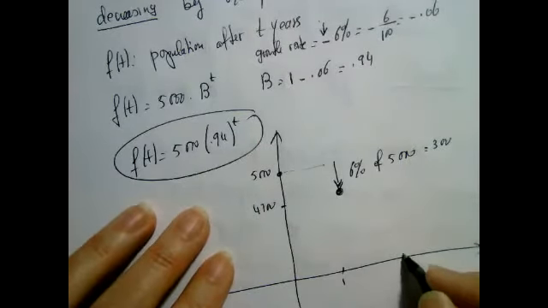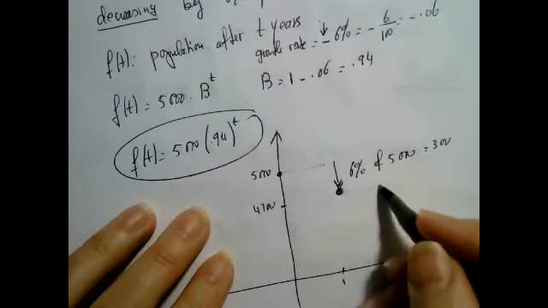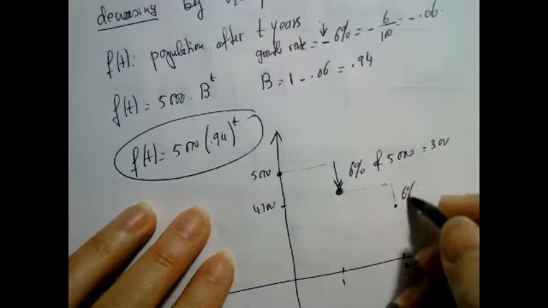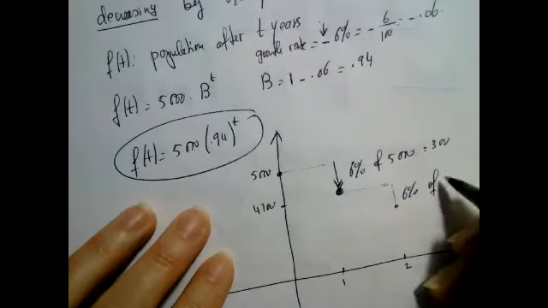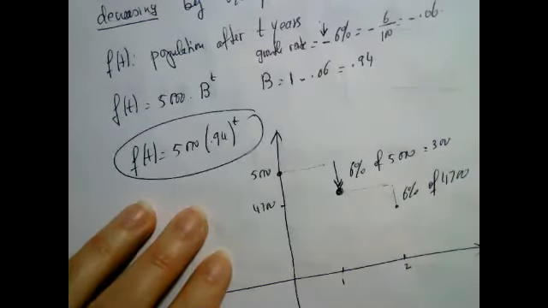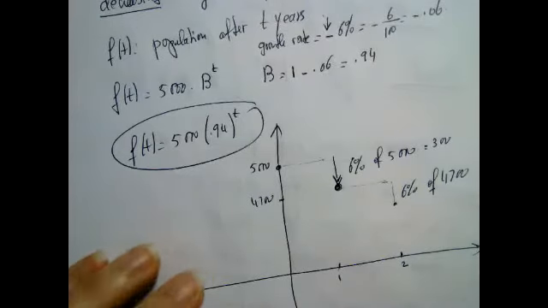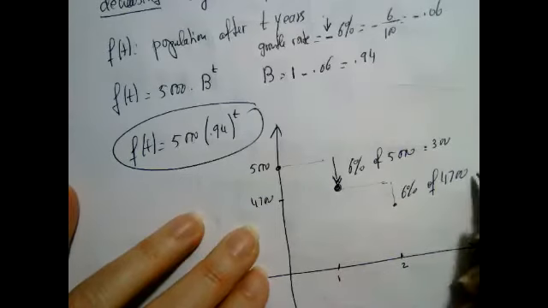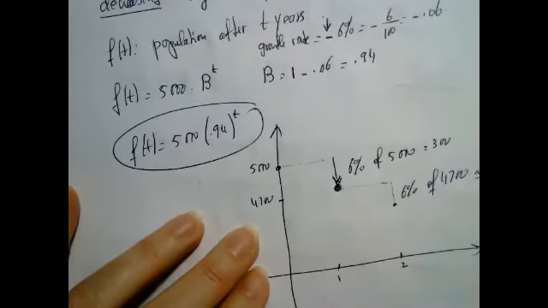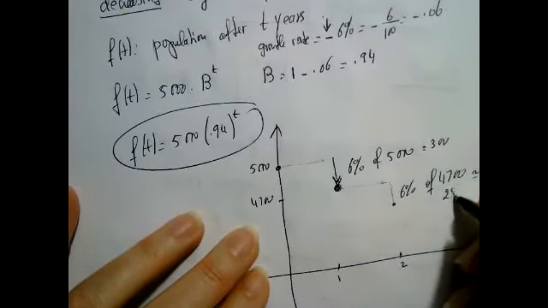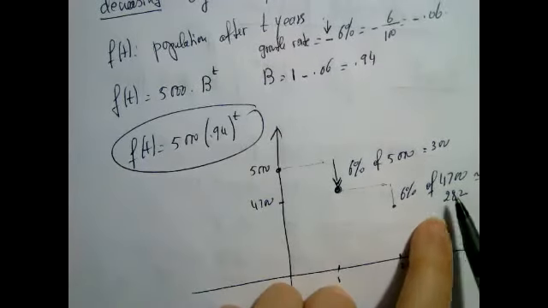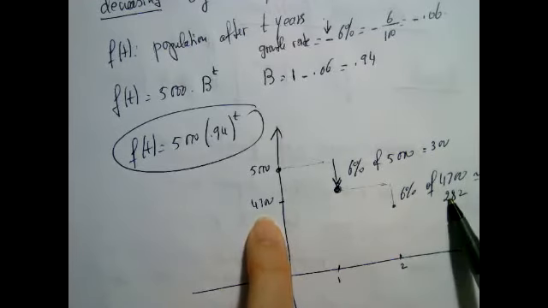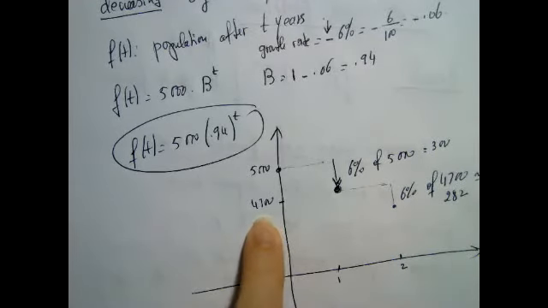A year later, it's going to decrease, but now over a lesser amount. So now we take 6% of the 4,700. That's really how it is working. I pick up my calculator to compute: 6% of a lesser amount is 282, since we already lost 300.